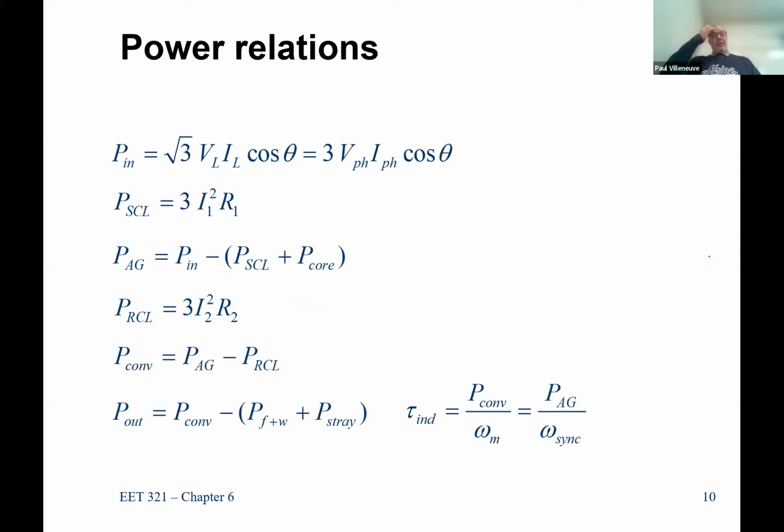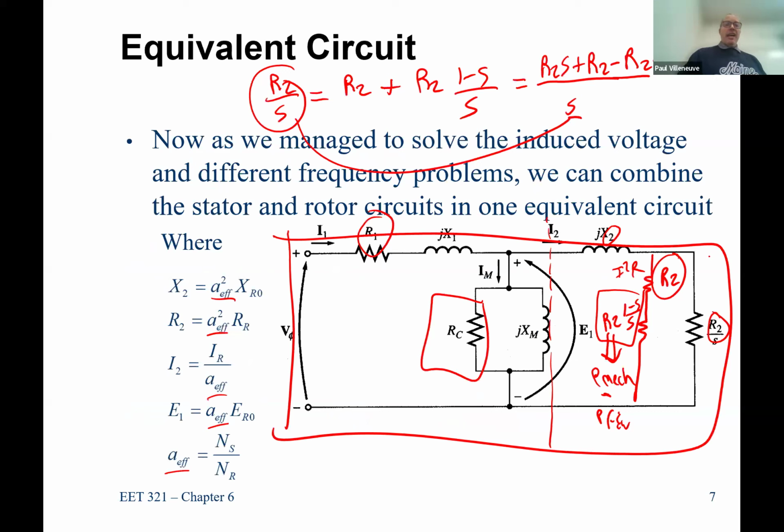So we'll summarize here. Here's P air gap, PN, VI cosine theta, times square root of 3, or times 3, depending if you use line or phase quantities. Stator copper losses are I squared R. Can we use V squared over R? Sure. But remember, if you're going to use that, you need the voltage drop across R1.